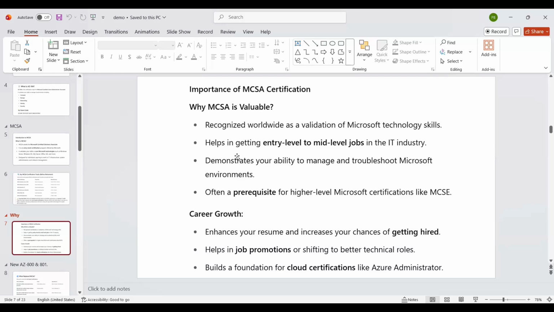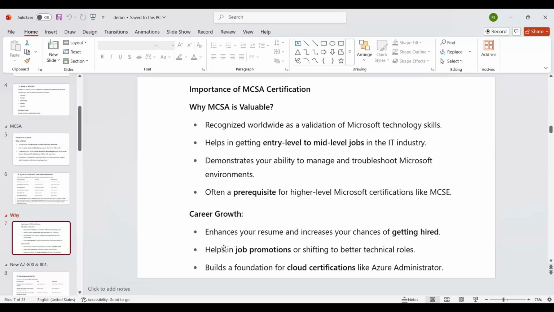For mid-level, you can apply for L2 job roles, L2 support engineer, server administrator, Windows Server administrator, system administrator. So you can target these roles. It will validate your skills in the technologies, like the knowledge of Windows Server, the core services of Windows Server, AD, DNS, all these things.